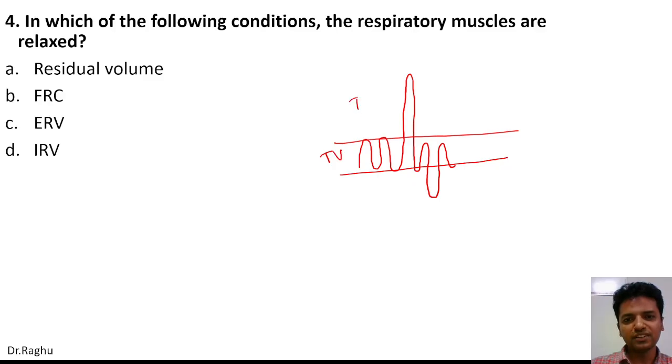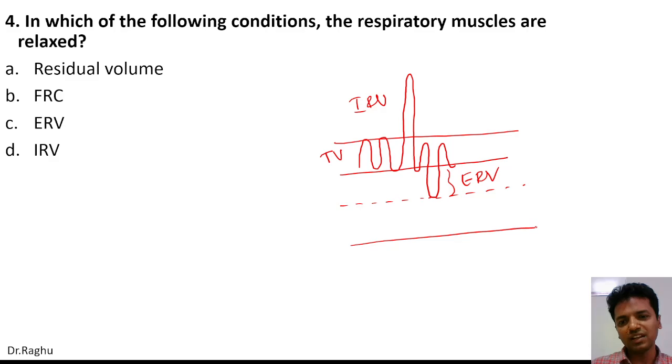This is our inspiratory reserve volume. This is our expiratory reserve volume. The amount of air which remains in the lungs even after forceful expiration is called residual volume. And the combination of ERV and RV is the functional residual capacity.